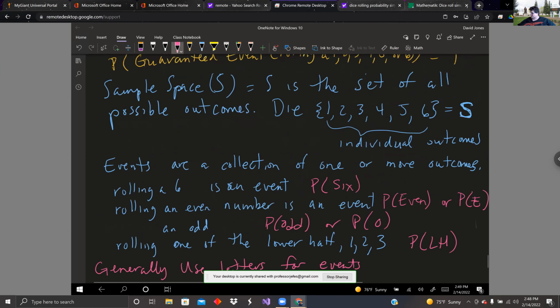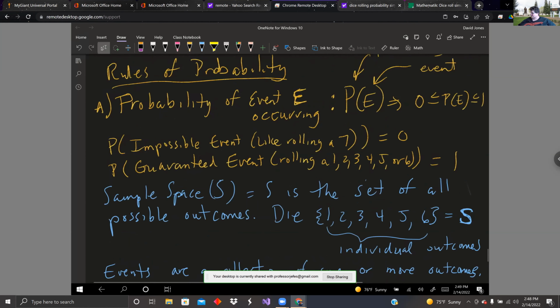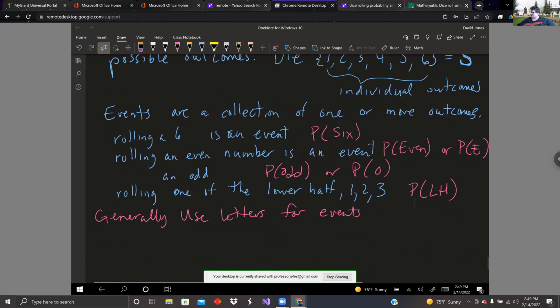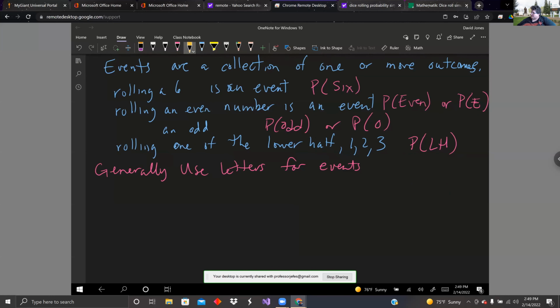So one of the rules of probability I listed above. I'll rehash that. 0 is less than or equal to the probability of any given event E, which is less than or equal to 1.